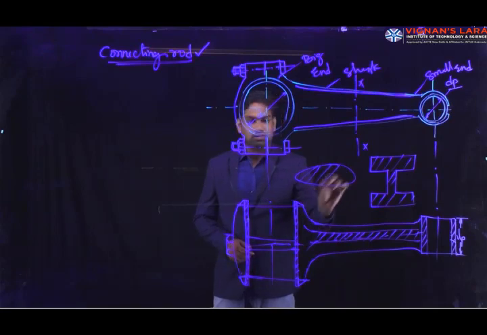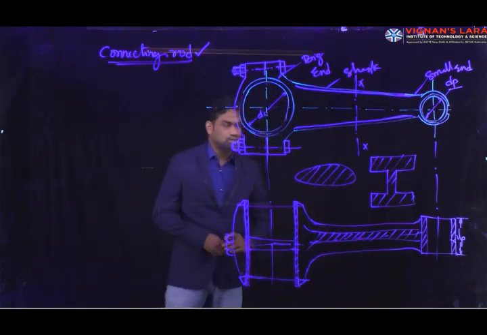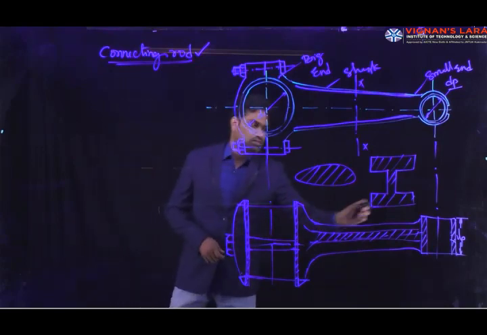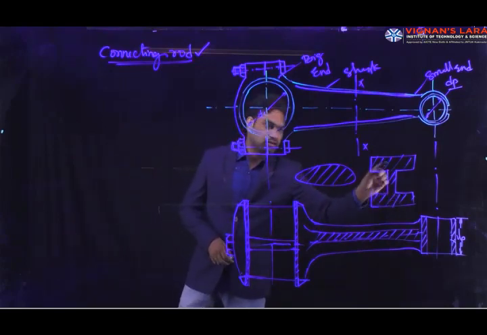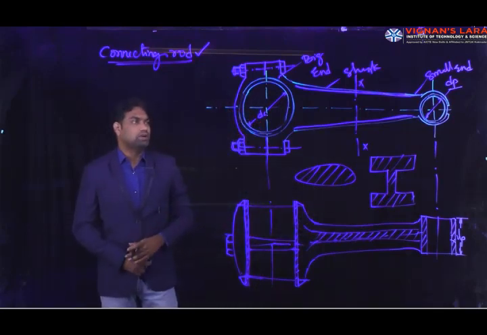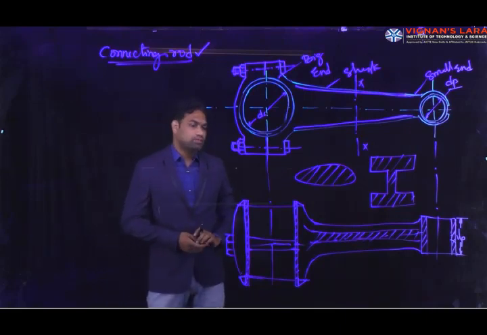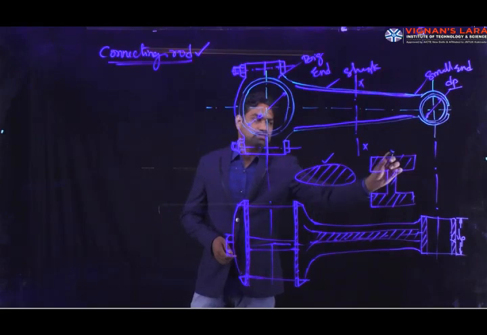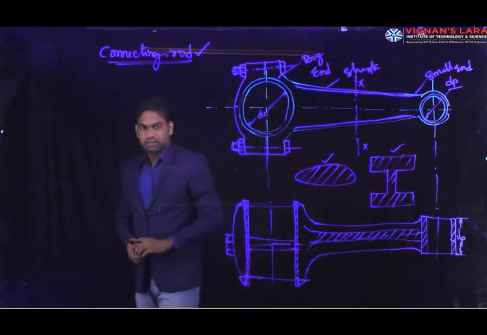The elliptical cross section is used for low speed, low capacity engines, and the I section or H section can be used for high speed engines. You can observe the cross sections here: elliptical for low speed, and I section for high speed engines.